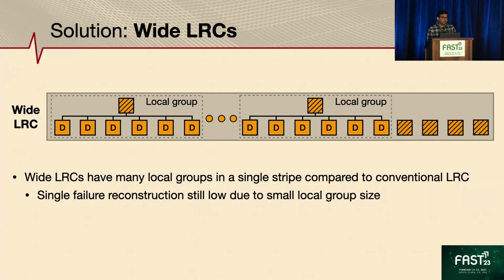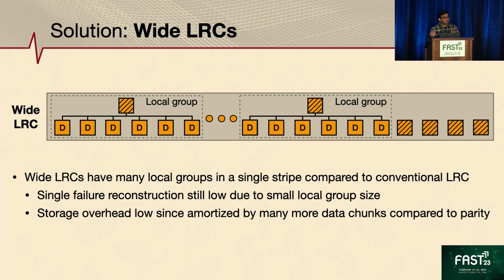Here, the single failure reconstruction I/O cost can continue to be the same as the conventional LRC because the local group's size can still be the same. And by having more local groups, you can amortize the storage overhead and bring that down. So wide LRCs can provide you both lower storage overhead and a contained reconstruction I/O cost.